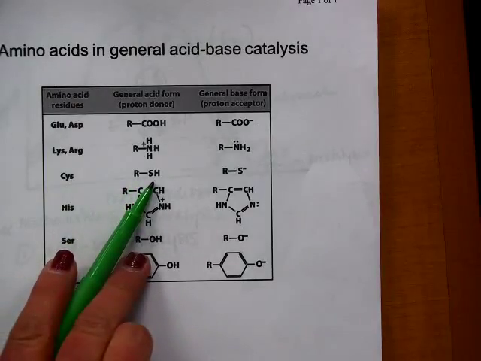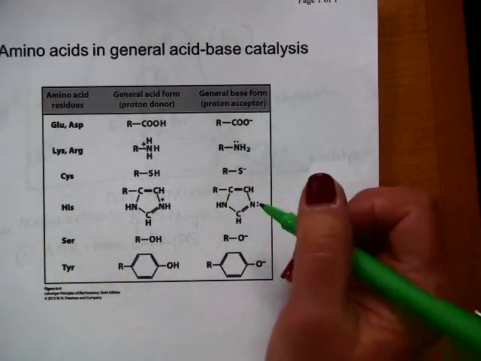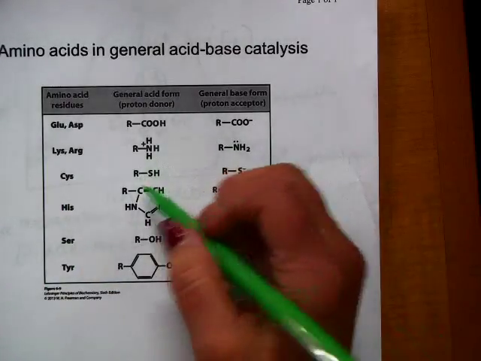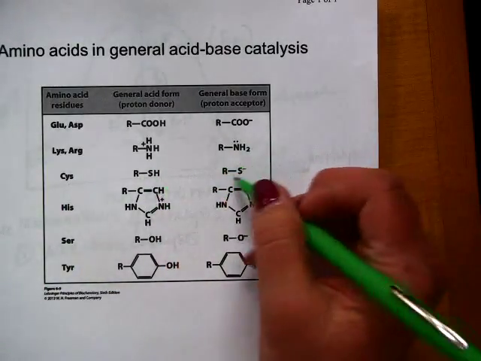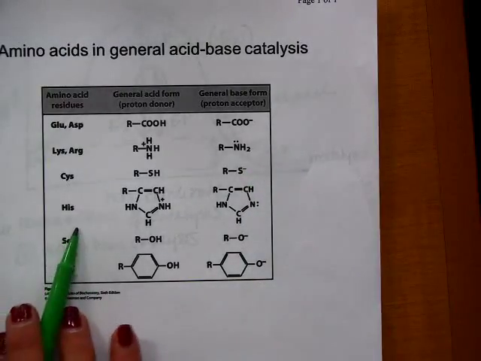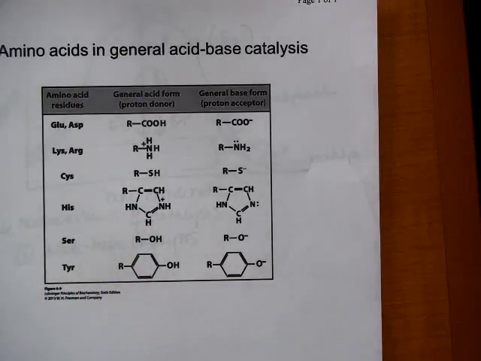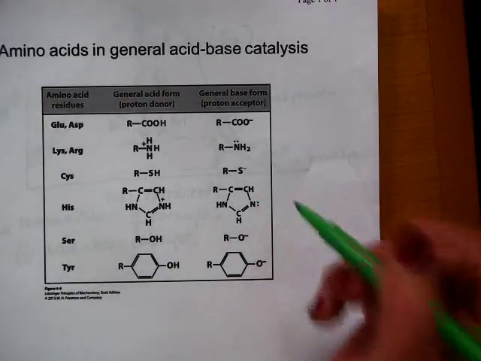Cysteine has that thiol group, which behaves like a hydroxyl group, so it can donate a proton or accept a proton. Histidine can act as a proton donor as long as it's in its charged state, the side chain, and other.